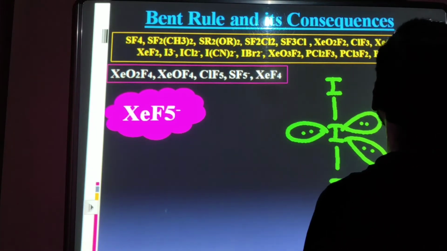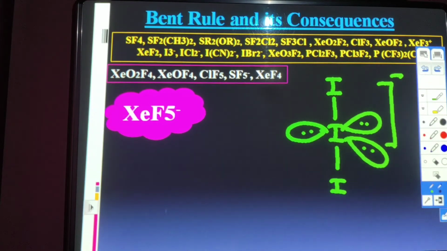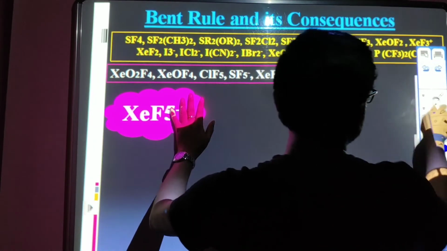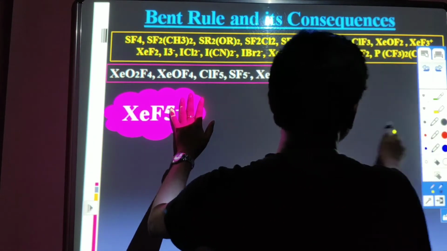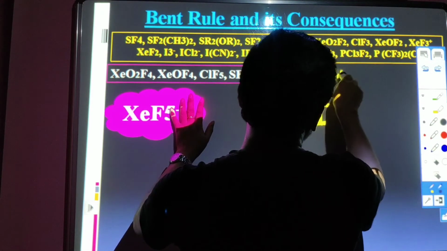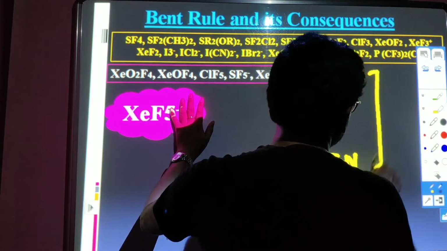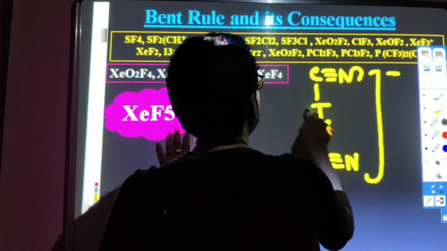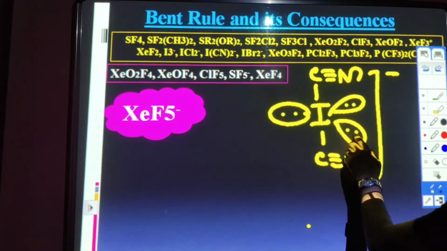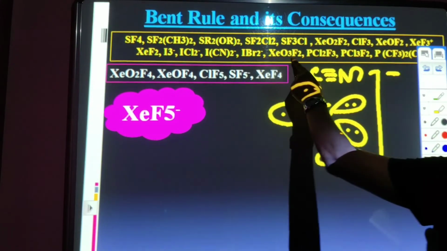This is minus. 2, 4, 6, 7, 8. No problem. ICN minus: I, C triple bonded N, with minus, 1 lone pair, 2 lone pairs, 3 lone pairs. 2, 4, 6, 7, 8. Done. IBr2 minus is also the same.